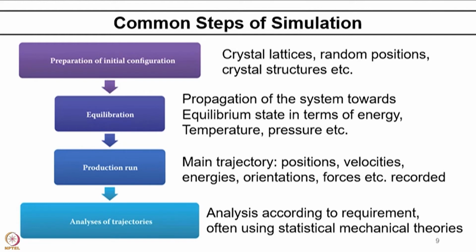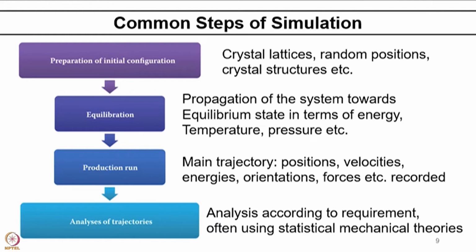This equilibration is a very important thing, because it brings the system to a macroscopic state. You start with the microscopic state in the initial configuration, then you keep on evolving the system, so that you ultimately come to a state which I can call equilibrium, so that I can start now measuring the properties.